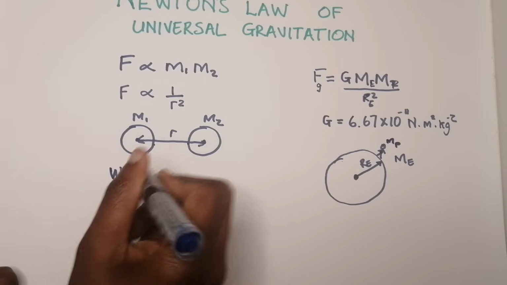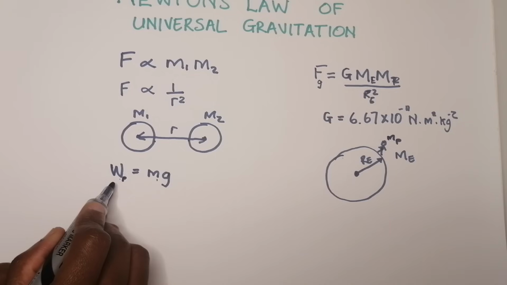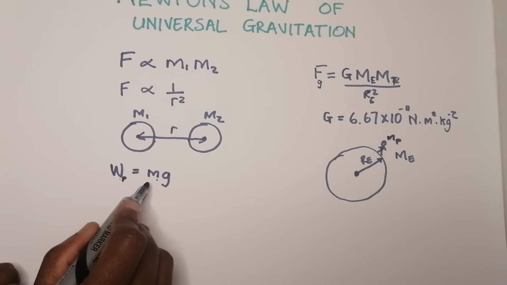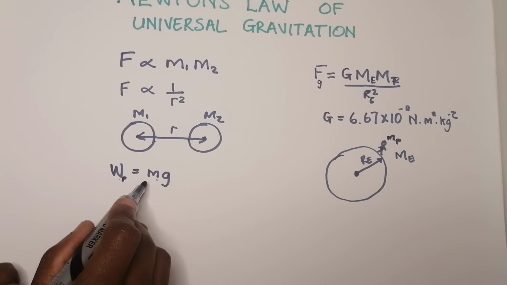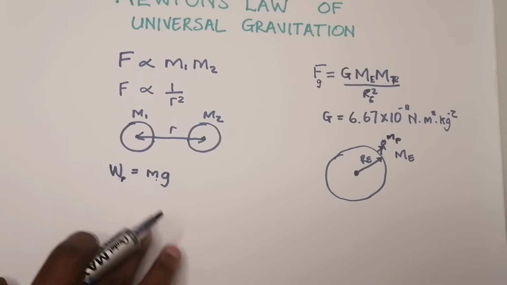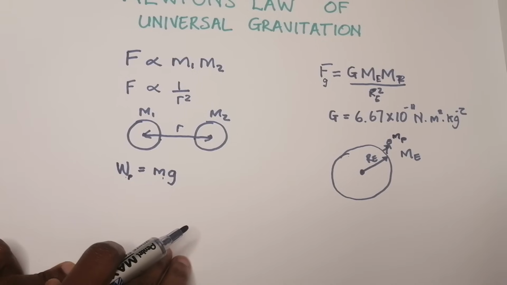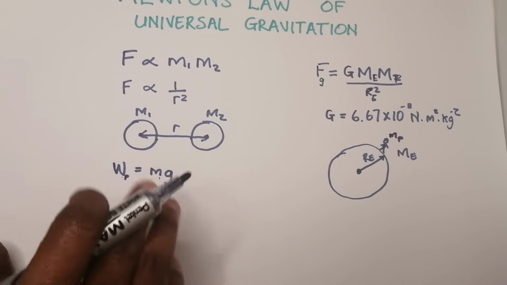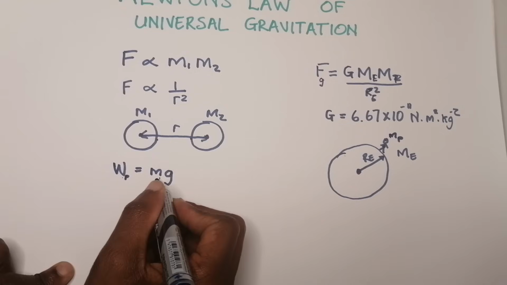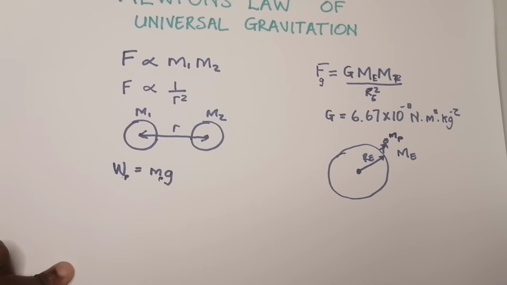If I want to get the weight of the person, remember weight is a force, and mass is basically the measure of the inertia of an object. So if I wanted to find out what the weight is, I'd say the mass of the person or of the object multiplied by gravitational acceleration.